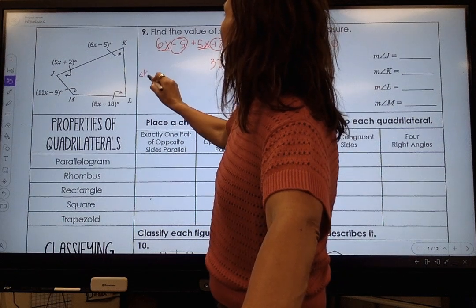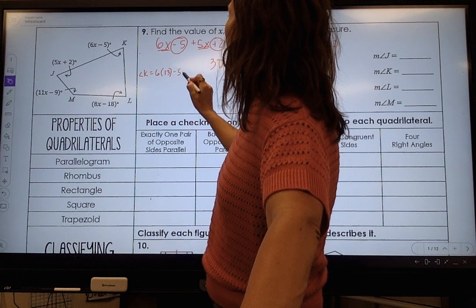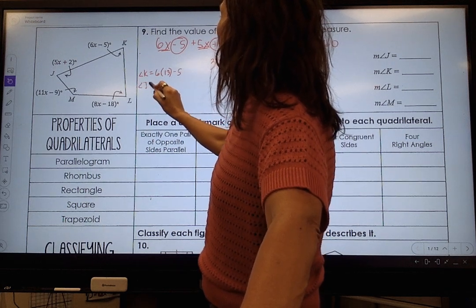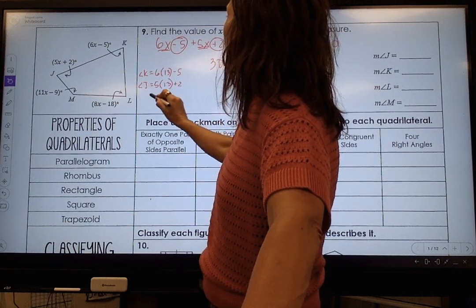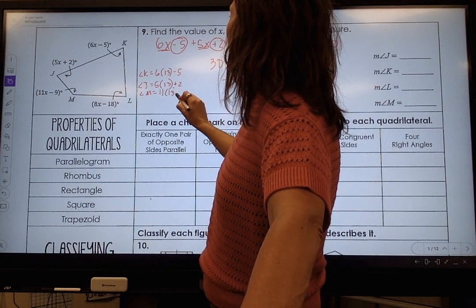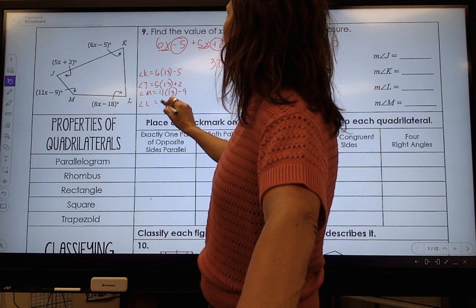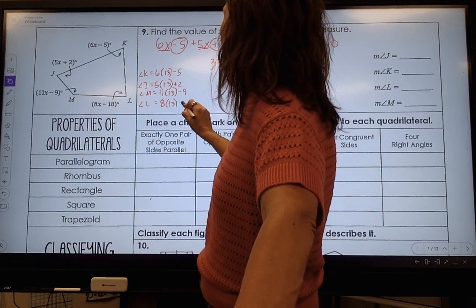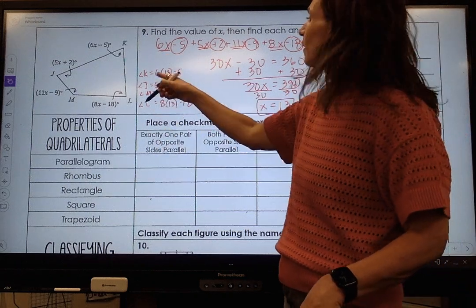Angle K is going to equal 6 times 13 minus 5. Angle J is going to equal 5 times 13 plus 2. Angle M is going to equal 11 times 13 minus 9. And angle L is going to equal 8 times 13 minus 18. So I am just plugging in those values and then solving.